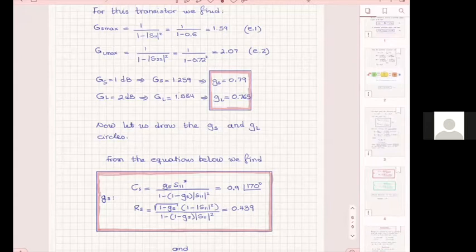But the matching network itself will definitely impact the bandwidth of your amplifier a lot more than the frequency change of your transistor characteristics.